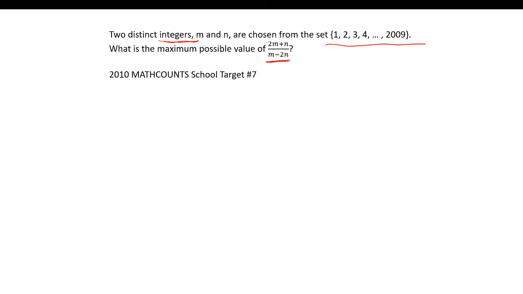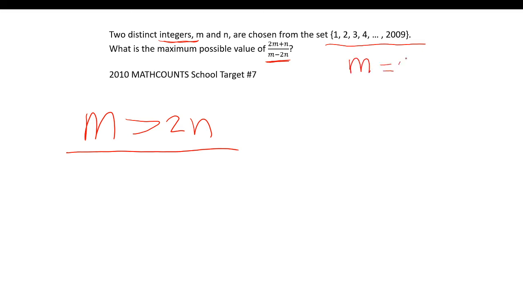So we can conclude that m must be greater than 2n. The key thing here is m must be greater than 2 times n. This is because if m is less than 2n, then we can have something like, let's say hypothetically I pick m equals 2 and n equals 4.